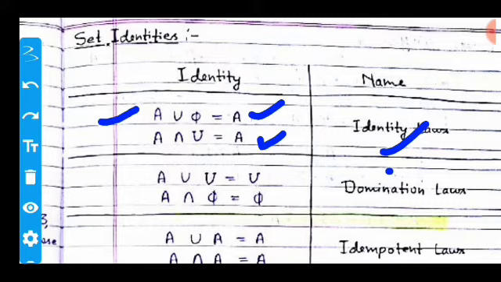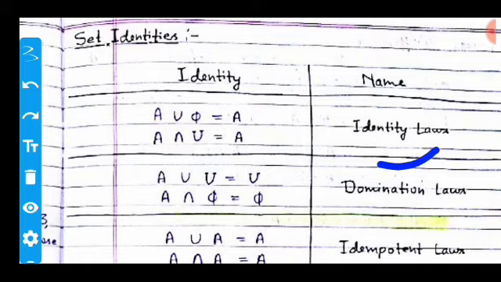So it is called the identity law. Now come to the domination law. The domination law is represented like if we union any set with the universal set, it gives the universal set, and when we intersect any set with the null set, we get the null set itself. It is called the domination law.